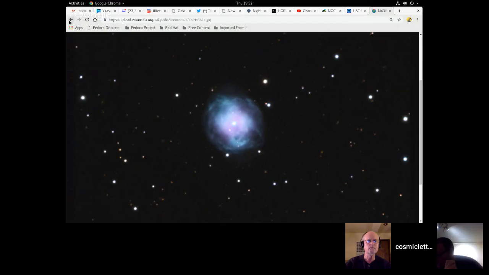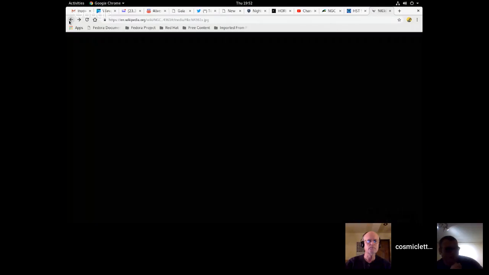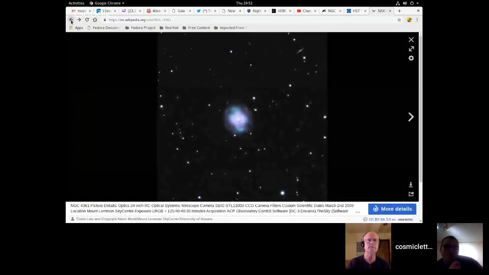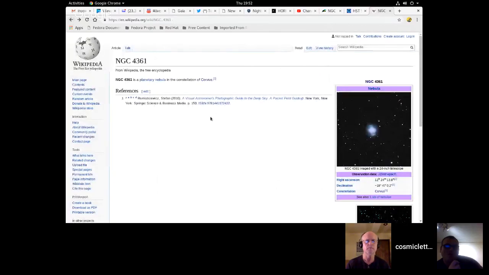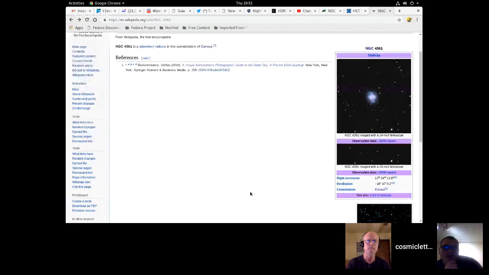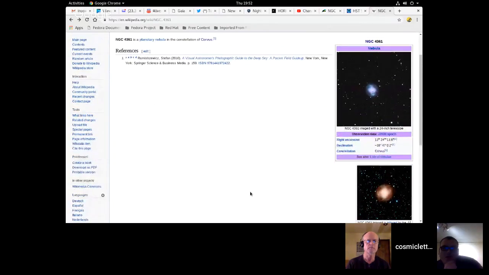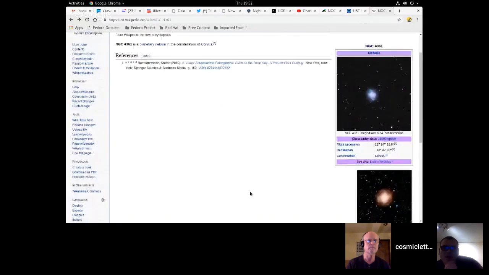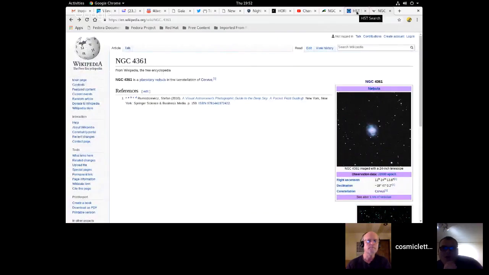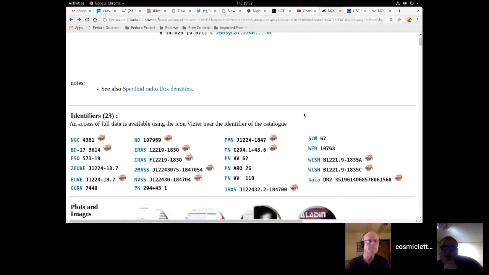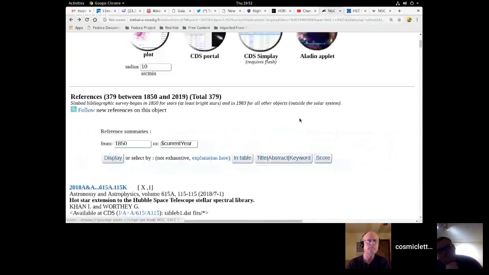All right, let's go back here and see. Okay. Yeah, there's not very much info about it. It's a planetary nebula in Corvus. So I guess not a lot of info there. The HST images are pretty crummy, but apparently very well studied.